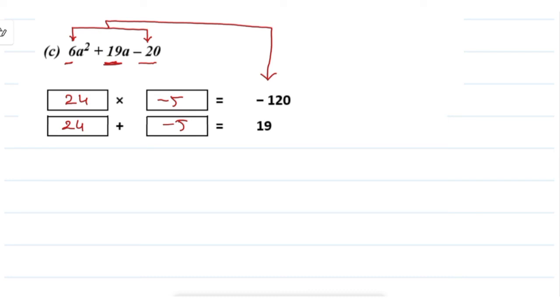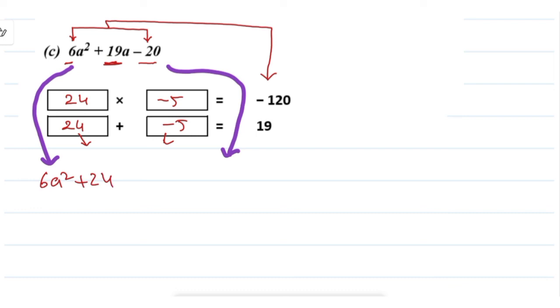The first term remains the same and the last term remains the same, but the middle term we'll write by breaking it down. Okay, now the first one is 6a square, positive 24a here, and then negative 5a, and then negative 20 remains the same.